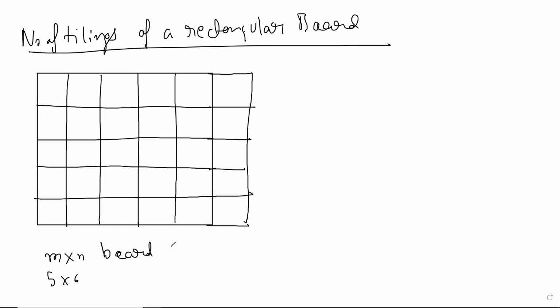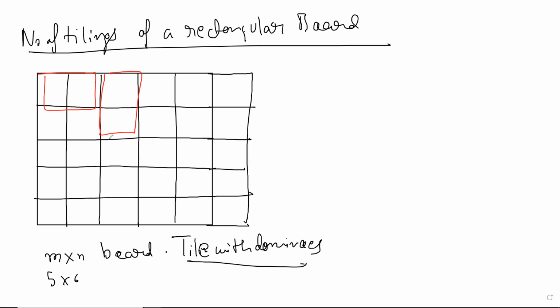And then you have dominoes. Tile with dominoes. Okay, so you understand what that means. Yes, sir. Dominoes, like those small rectangles. Yes, like 1 by 2 rectangles.